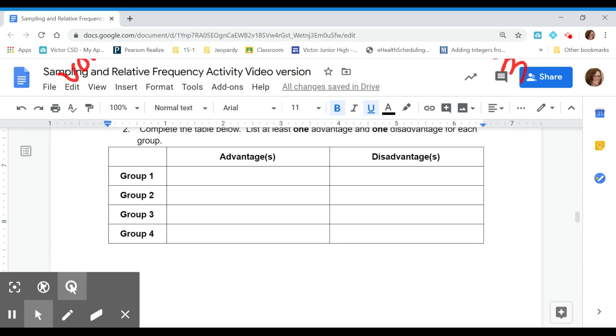Now that we've had a few minutes to discuss this, go back and look at Table 2 and see if you can add some advantages or disadvantages to your list so that we can really start to understand these. You don't necessarily need to know the name of the type of sampling, but it's really important to understand that idea of collecting data.